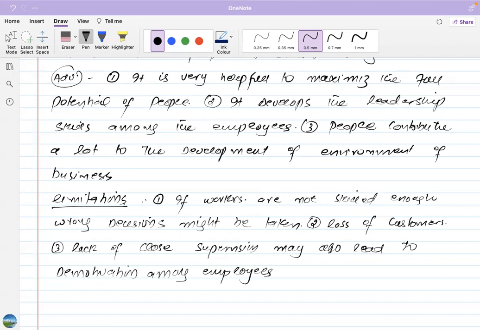So these are the styles of leadership that we were supposed to study.